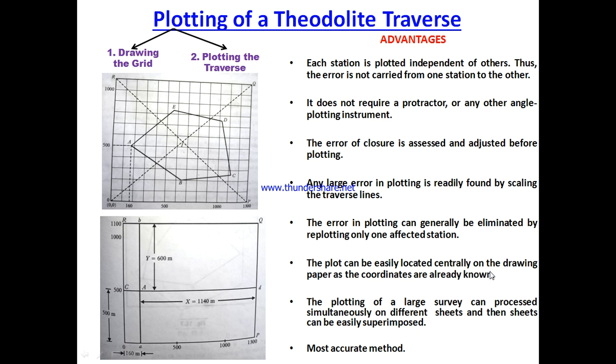The error in plotting can generally be eliminated by replotting only after one affected station. Means we can make the correction within the chosen station only, and after making the correction, those errors cannot be transferred to the other stations. So this is the biggest advantage of this graphical method.